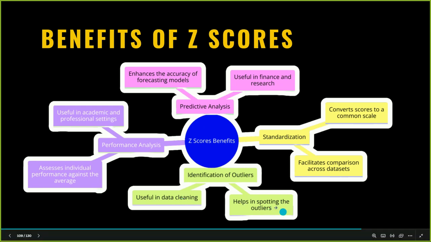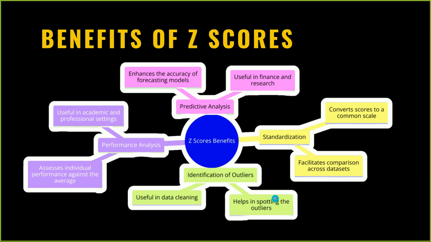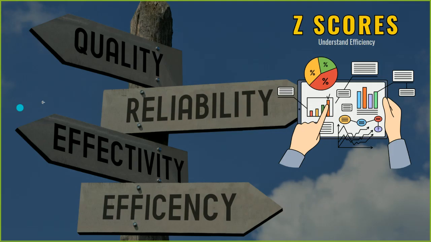Understanding our data, and it helps in spotting the outliers. Those outliers are typically anything that's 2 standard deviations from the average. And we can use it for standardization, as we can convert scores to a common scale for us to understand. When we facilitate data comparisons, we can understand data at a glance, but we can use z-scores as performance metrics for continuous improvement.